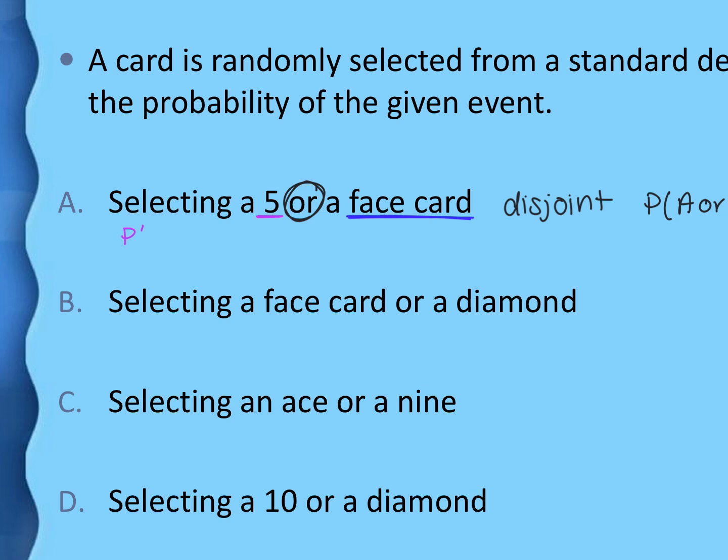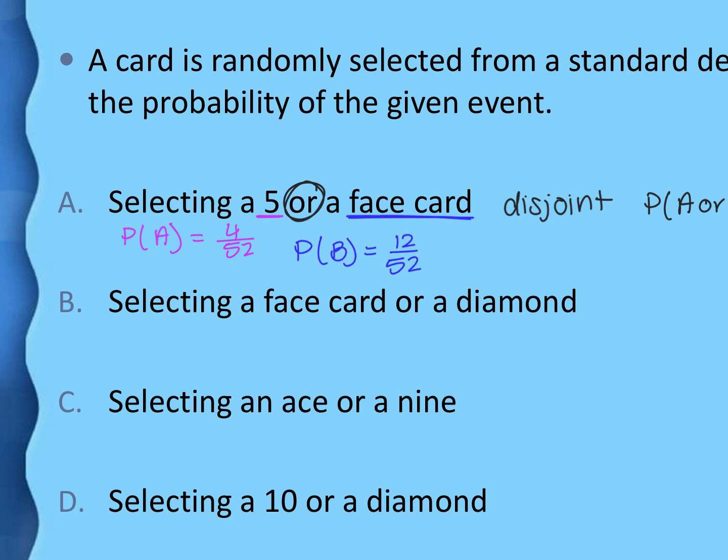So, probability of event A. What's the probability of selecting a 5 out of my standard deck of cards? 4 out of 52. There are 4 5s because there's a 5 in each suit. So I'm going to have 4 out of 52. And then what's the probability of me selecting a face card, which is my B? How many face cards are there? Good. 12 out of 52.